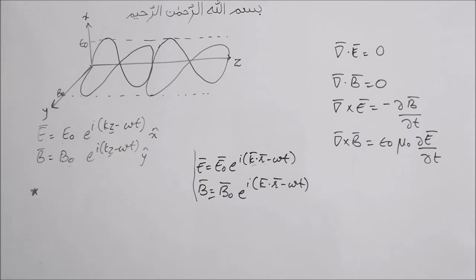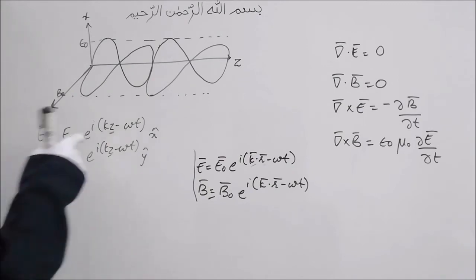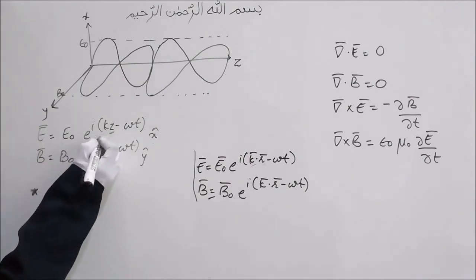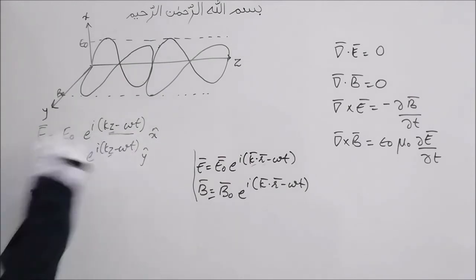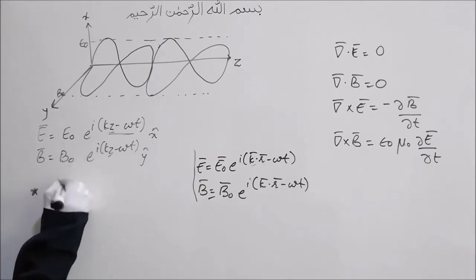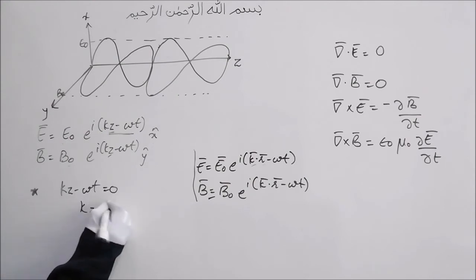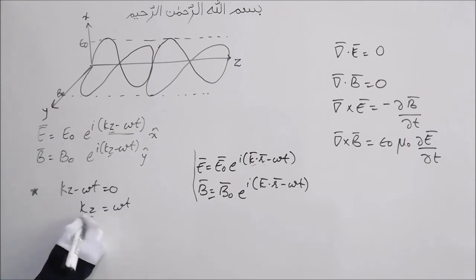Now here, how did I define that this is the wave which is moving in the z direction? For that, you consider this argument and take it equal to 0. So we will have kz minus omega t equal to 0, so kz is equal to omega t. You can see that this kz is coming out as some positive value, so our wave vector is along the positive z direction.